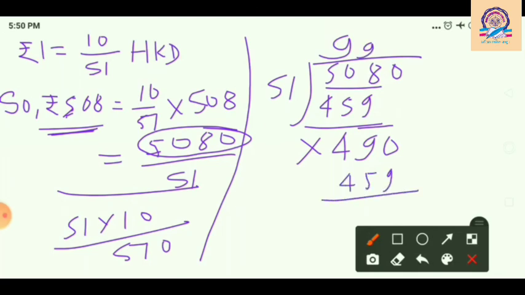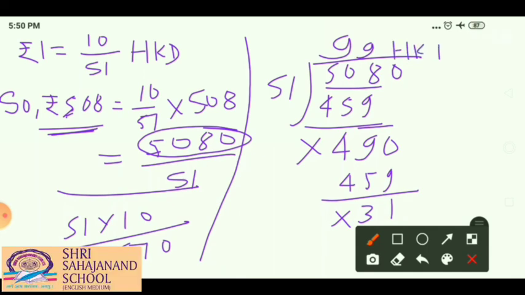So it is 10 minus 9, it is 1, and here we have 8 minus 5, it is 3, and it is 0. So now you can see that 31 we cannot divide by 51, so 99 will be our Hong Kong dollars, means in the change of 508 rupees, okay, we will get 99 Hong Kong dollars, and here is 31.